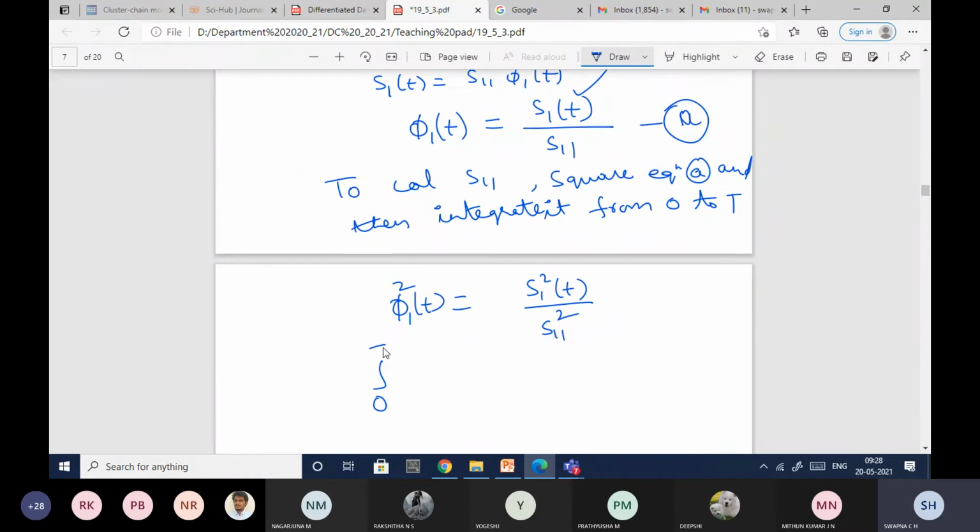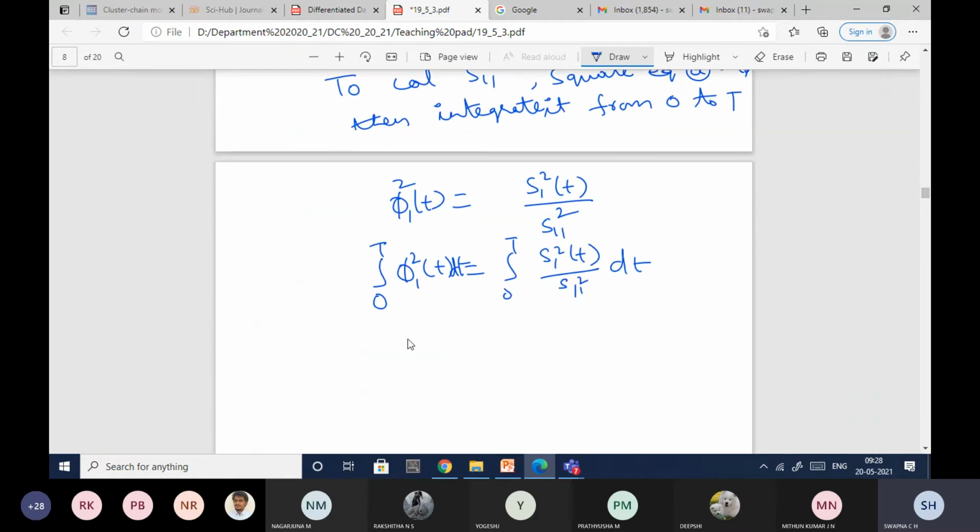So integral 0 to t phi1 square of t dt is equal to integral 0 to t S1 square of t dt divided by S11 square. This S11 square is independent of dt, so I can take it out. So integral 0 to t phi1 square of t dt equals 1 by S11 square times integral 0 to t S1 square of t dt.